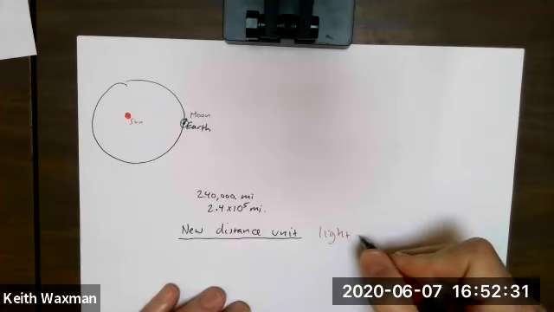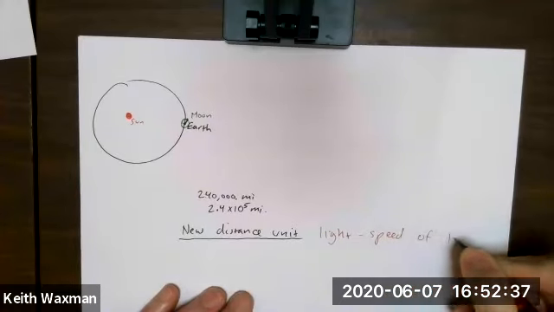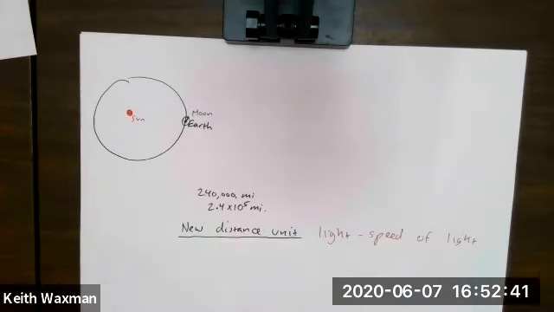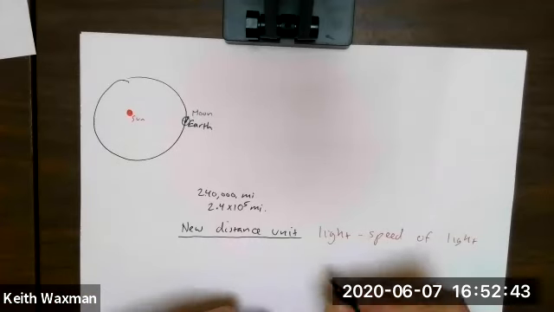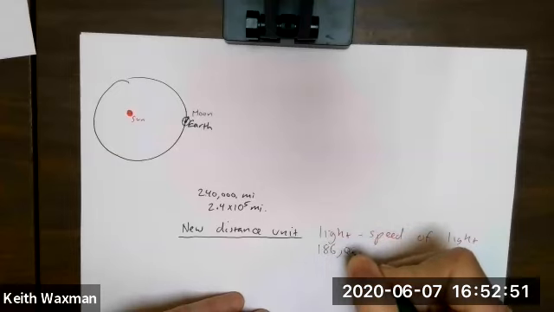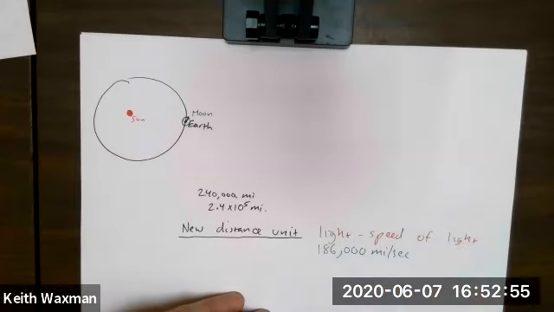Does anybody know what the speed of light is? Let's talk about the speed of light. What is it? Here's a number that I do want you to know. I'm going to write it in green here. The speed of light, some of you might be guessing already, is 186,000 miles per second.